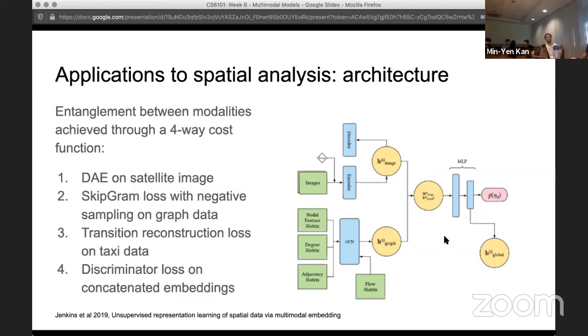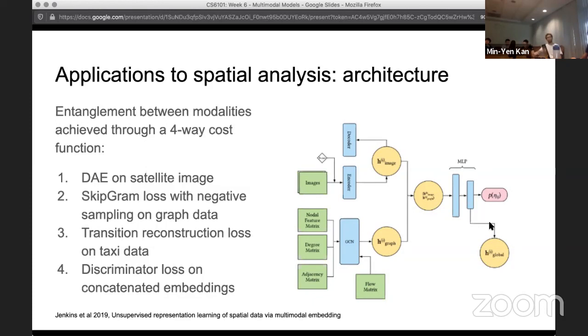But you want the things to be entangled. So the way they do it is they sometimes trick the network: they put one image with the wrong graph and ask the network, do they both come from the same region or not? That's how they entangle it.